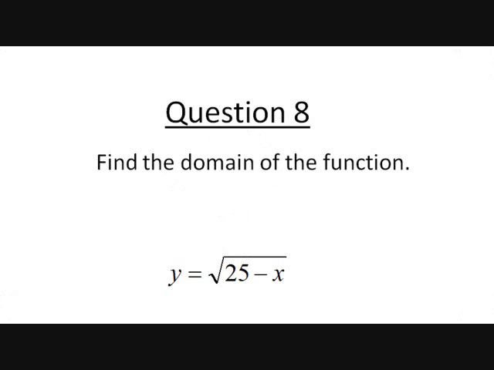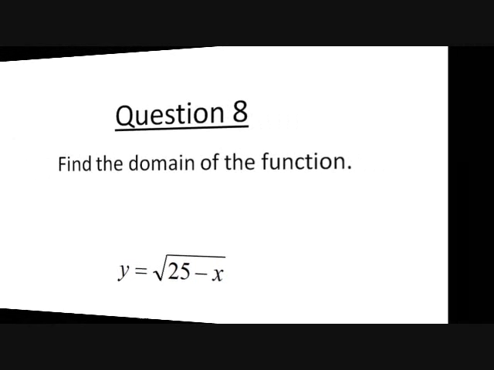Okay, question 8 is again find the domain of the function. And the function is y equals the square root of 25 minus x. Okay, solution for question number 8.